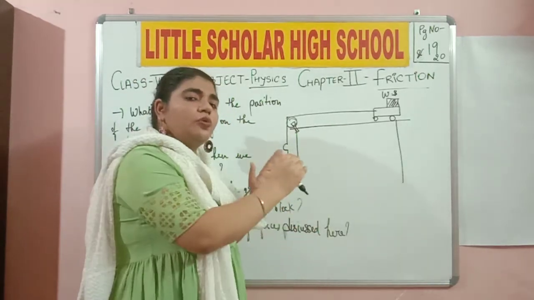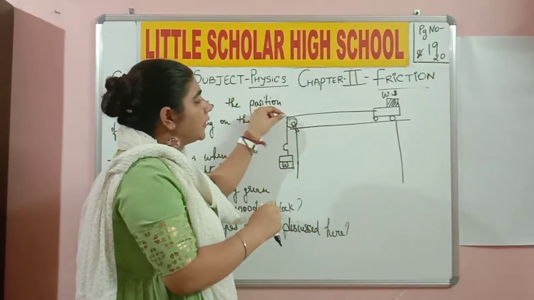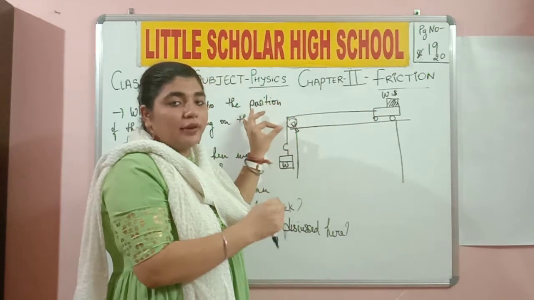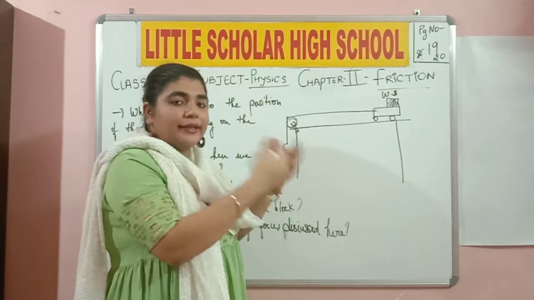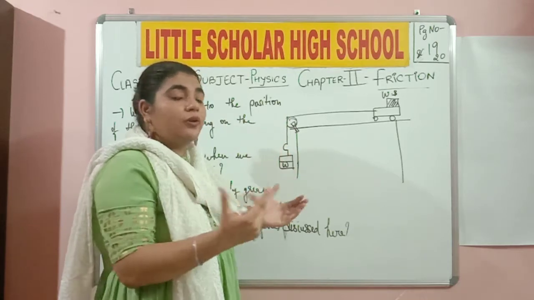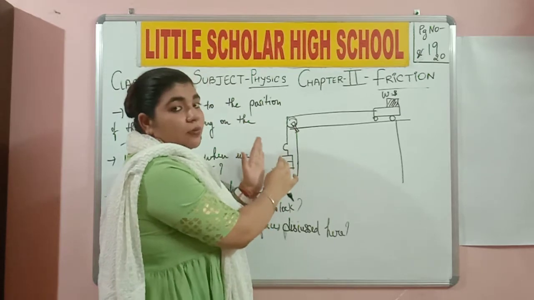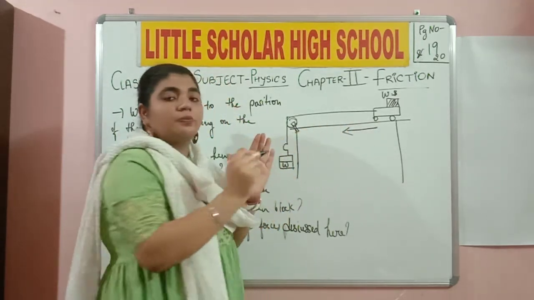It is going to move a bit, yes or no? Because if there was no weight and I was just holding it, then it would stay in its own position. If I pull it, definitely it is going to move. So instead of doing the pulling and pushing myself manually, what did I do? I attach a certain amount of weight. When I attach a certain amount of weight, there is a certain movement in the toy trolley's motion.